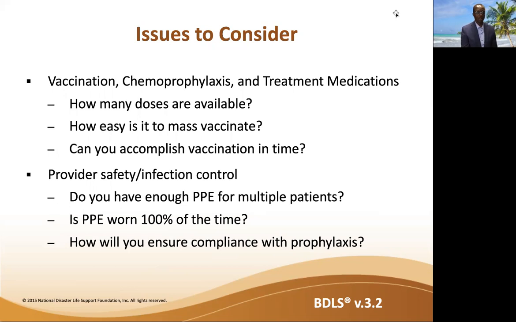Issues to consider. Having a specific vaccination for a biologic agent is complicated by the availability of it in a timely fashion, initial effective dose administration and subsequent dose requirement to be effective, as well as the many logistical and operational challenges with a successful mass vaccination event.